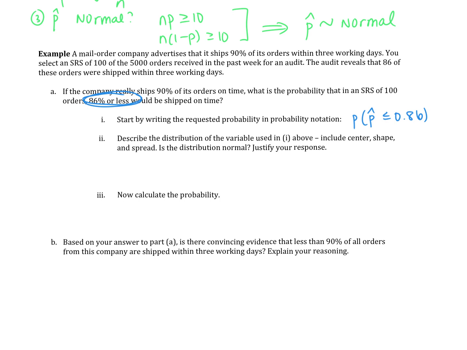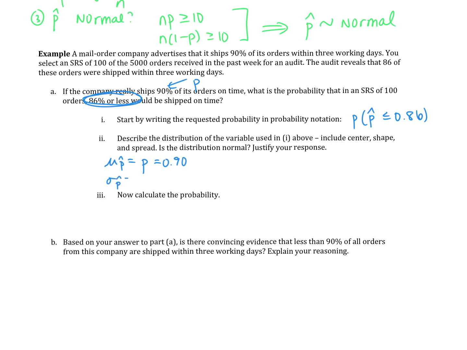So then, if we need to know something about p hat, we need to know the distribution of p hat. What is the center? What is the shape? What is the spread? Well, the center of the distribution of p hat is going to be the population proportion. The population proportion is the true value. So in this case, the company is claiming that 90% of the orders are shipped on time, which means our center is going to be 0.9, not 90.